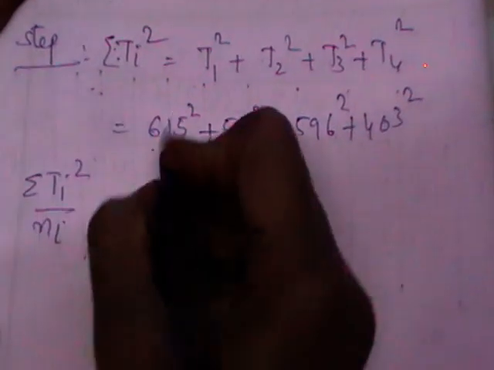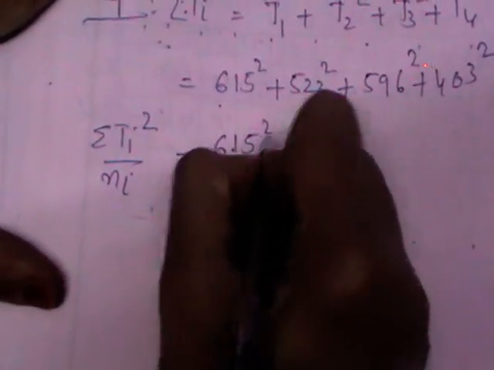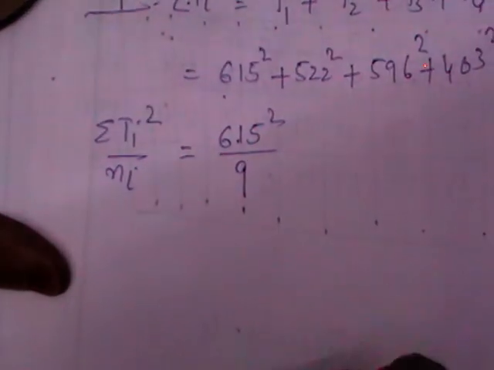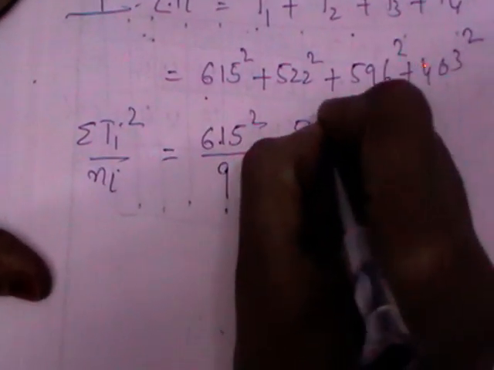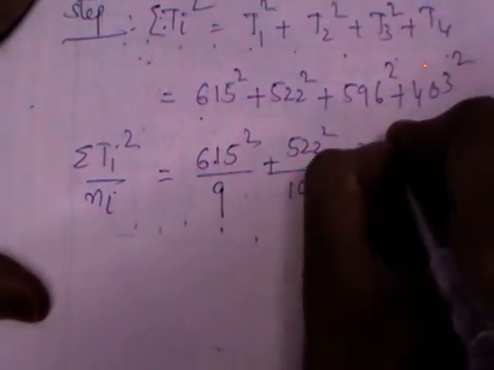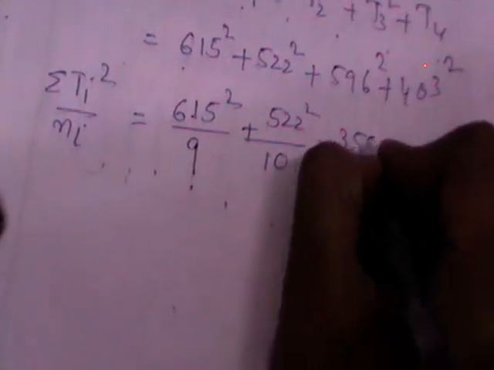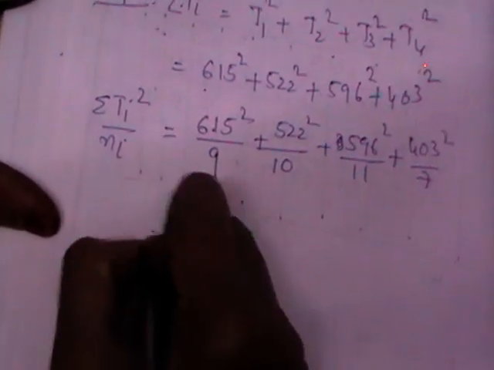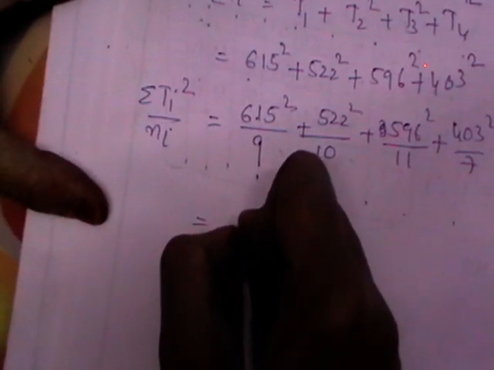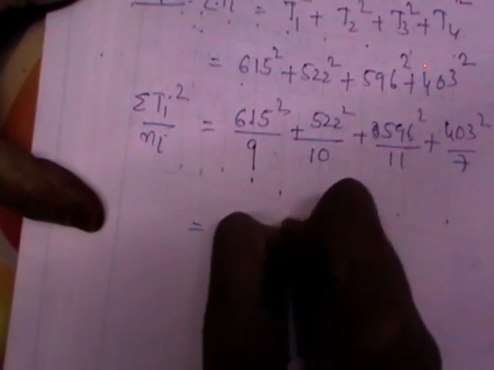How many observations are there in the first row? We have 9 observations. In the second row we have 10 observations. In the third row we have 11 observations. And in the last row we have 7 observations. We will calculate this total.